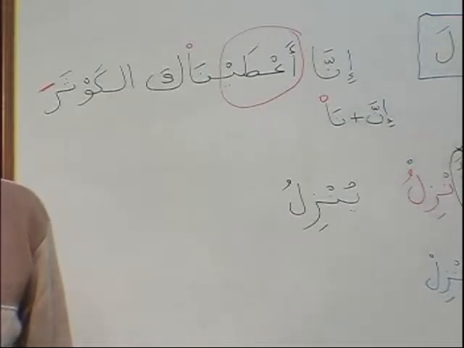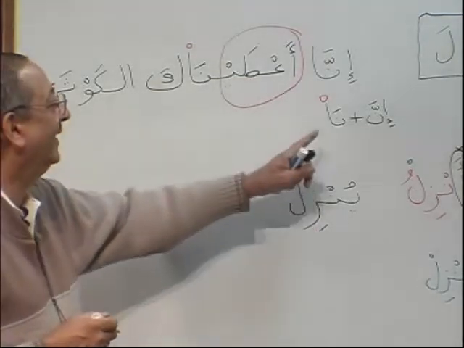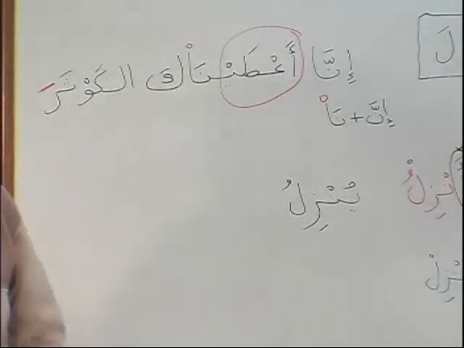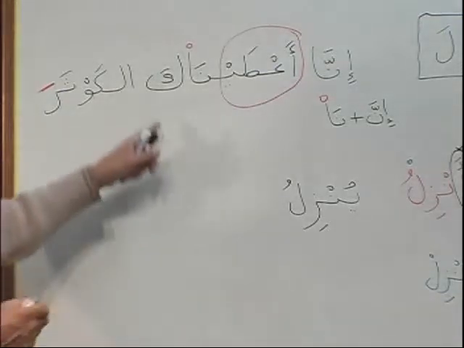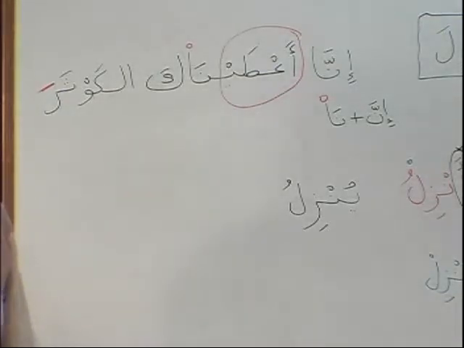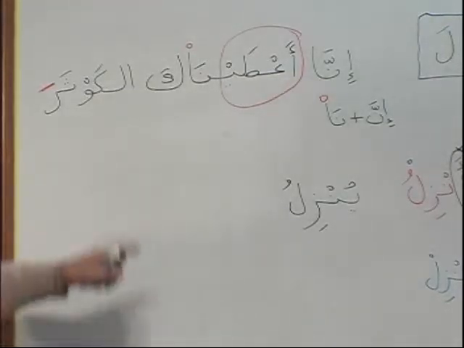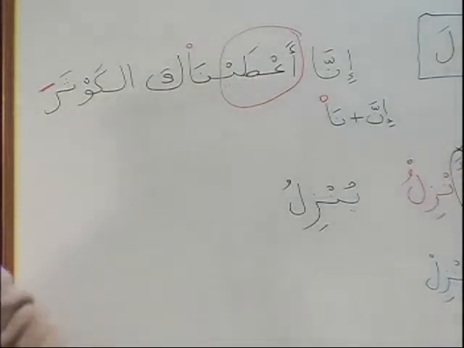We got to remember. This is fi mahalli nasbin. This will be fi mahalli raf'in, because it is a fa'il. What is this ka? Dhamirun, muttasilun, mabniun ala fatah, fi mahalli nasbin, mafulun bihi number 1, and al-kawthar, mafulun bihi mansubun bil fatah. Are you with me, brother and sister?